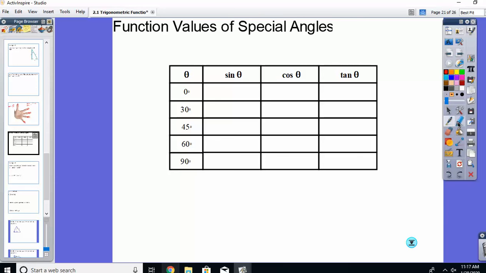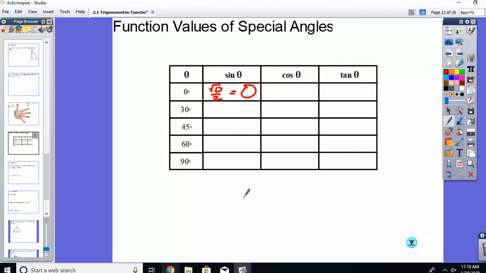So, I just want to fill in these values. And we already just ran through all of them, but I want you to use your hand trick as we go through here to help us. Sine of 0. So if you fold in your 0, sine is the square root of the number of fingers above over 2. So in other words, it's the square root of 0 over 2, which is 0.